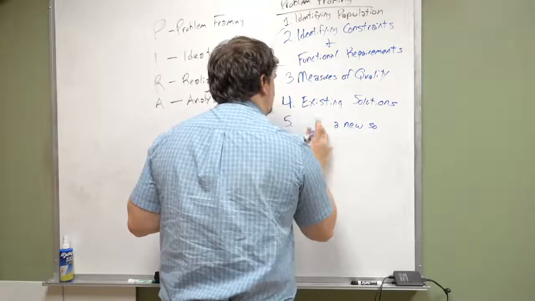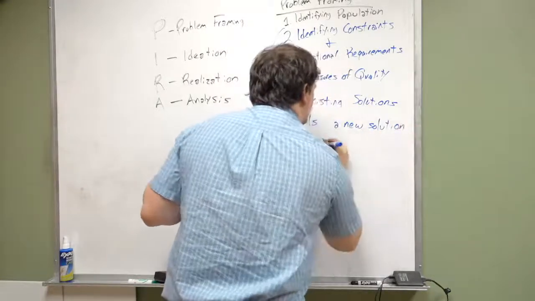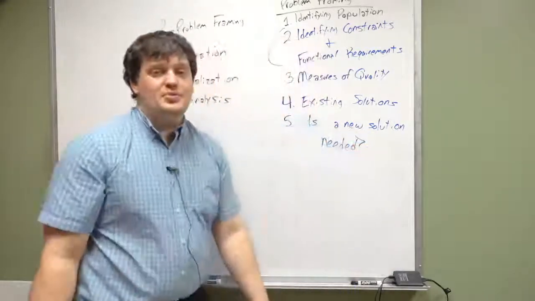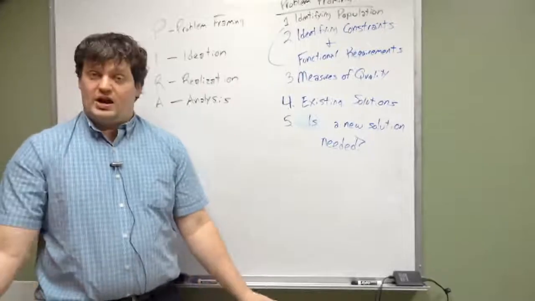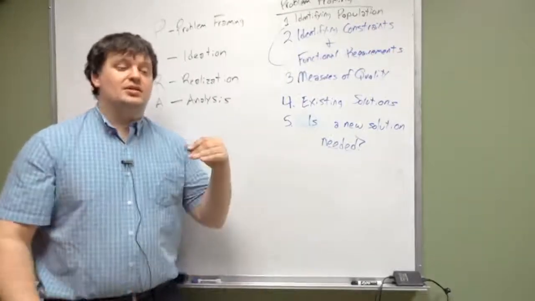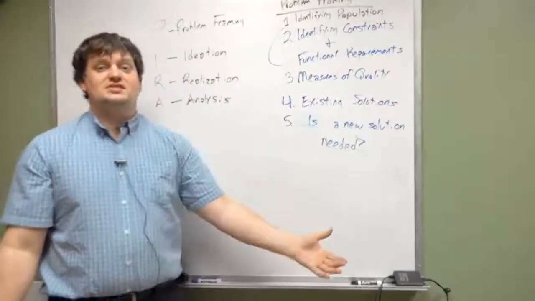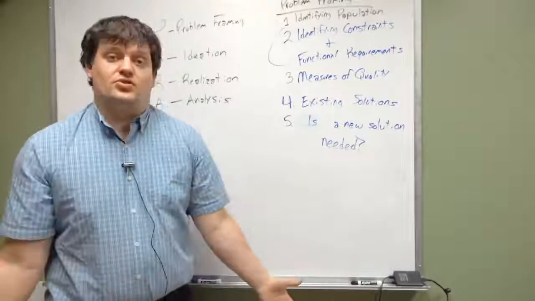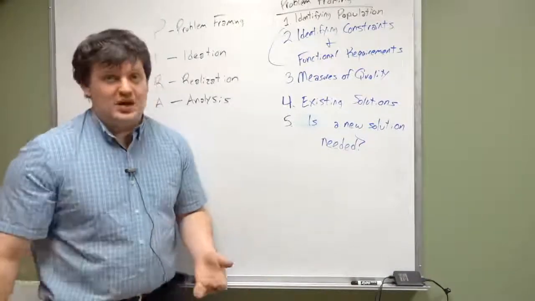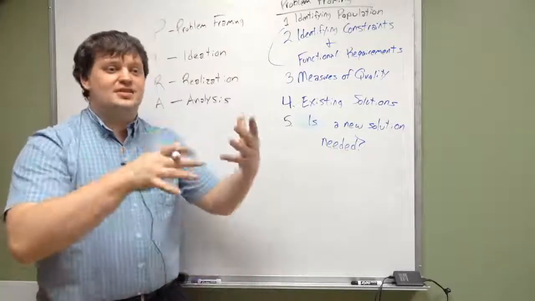The fifth step is: is a new solution needed? If you have a whiteboard marker that satisfies the problem already, which it does, why not use it? Would it be more cost effective to just use an existing solution, or do you need to design another one? If you need to design another one, you're going to have to pay people, put up a manufacturing facility, and design everything that goes into it.